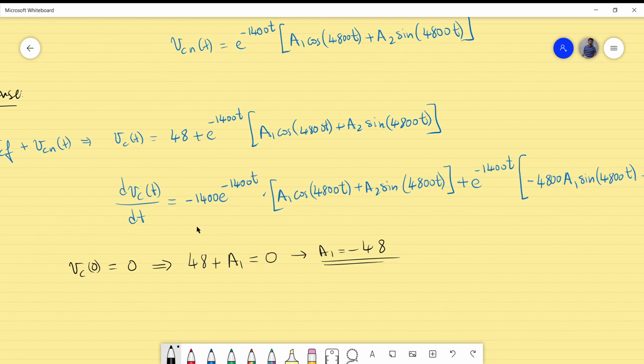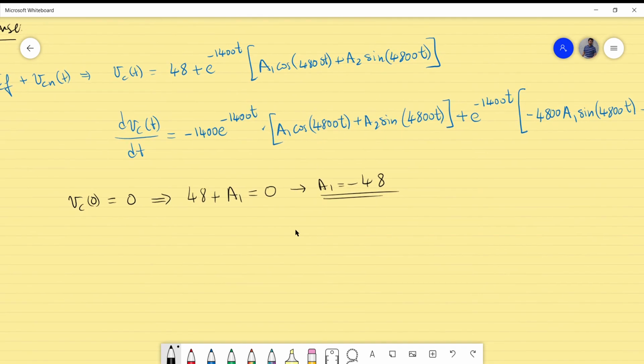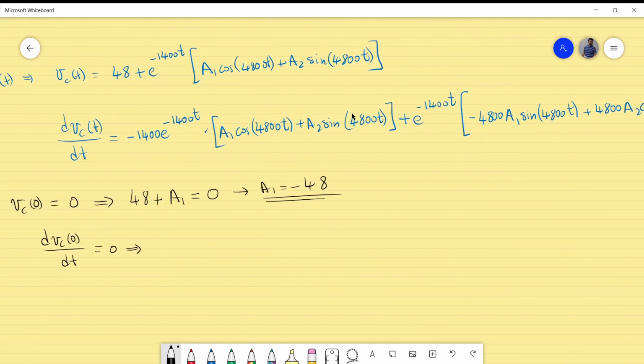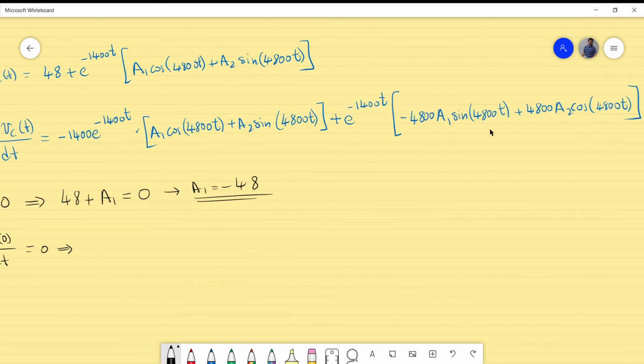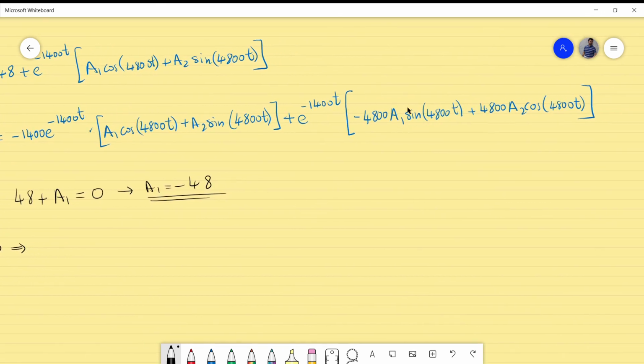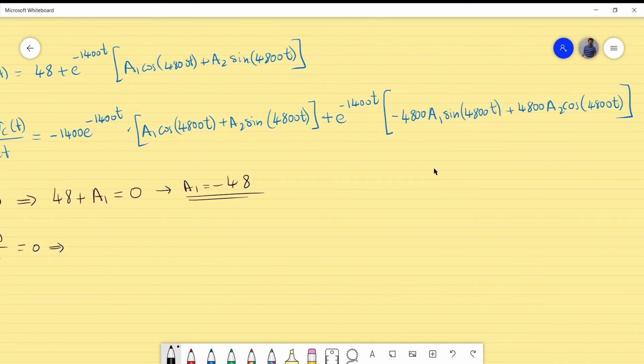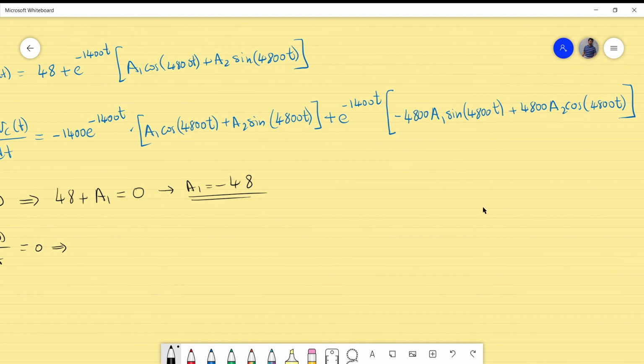Now for the second part, I have to use this formula, so I will move a little bit up. The derivative of the capacitor voltage evaluated at 0 was also 0. So what is this if I fill in 0 here? This will disappear, and this will disappear. The first one, so what do I get? If I keep it like this, I will see everything. This was minus 1400, because that's from this part, times a1.